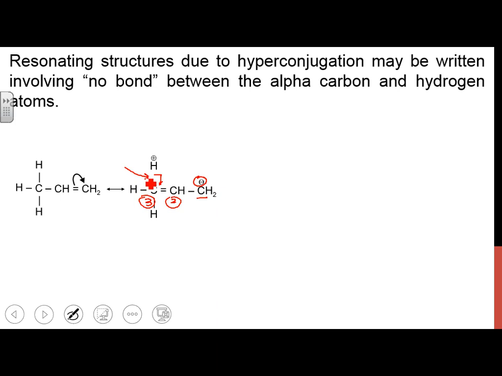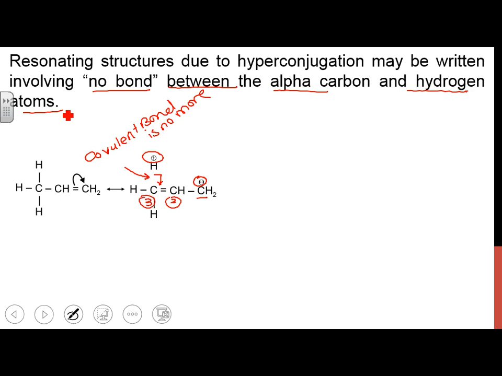The covalent bond has broken. Hydrogen has given its electron pair, and that's why hydrogen develops a positive charge. There is no bond between hydrogen and the alpha carbon. This phenomenon is known as no bond structures.